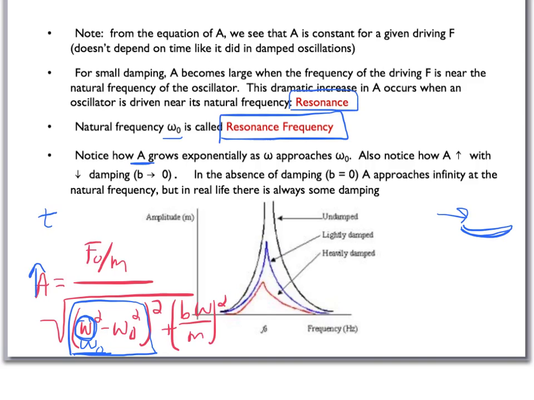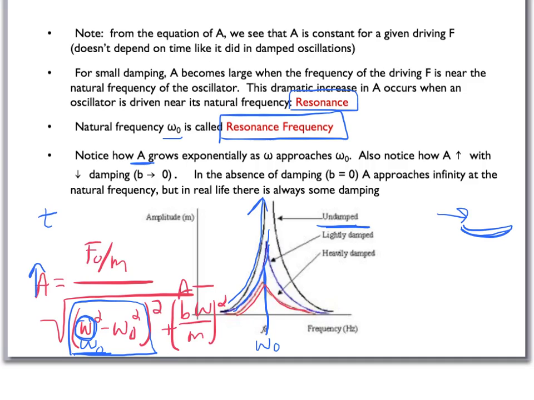So we can see that the undamped oscillator actually grows infinitely, but a lightly damped oscillator would peak at this omega naught value, and a heavily damped oscillator would also peak at this omega naught value, just not peak as high. So the amplitude wouldn't be as large with the more damping that you put in there.